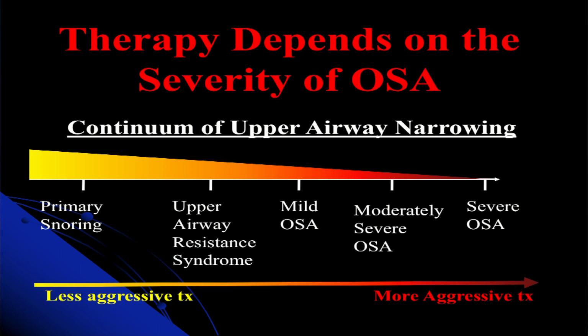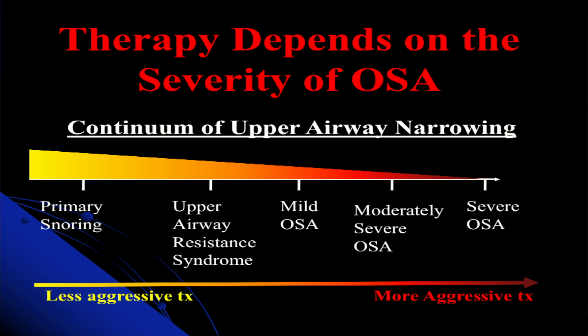So now we have to decide what the therapy is, and that all depends on the severity. Like I just said, maybe the patient's a primary snorer. They don't have any other problems. They've done a sleep test, no problems, no oxygen drops or anything like that. They don't have any fatigue. All they do is snore. This is a very rare patient, but they do exist.